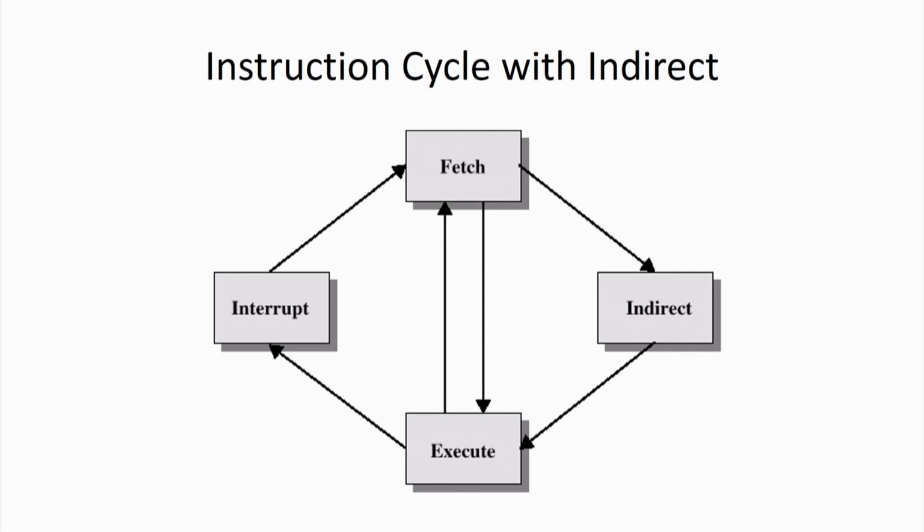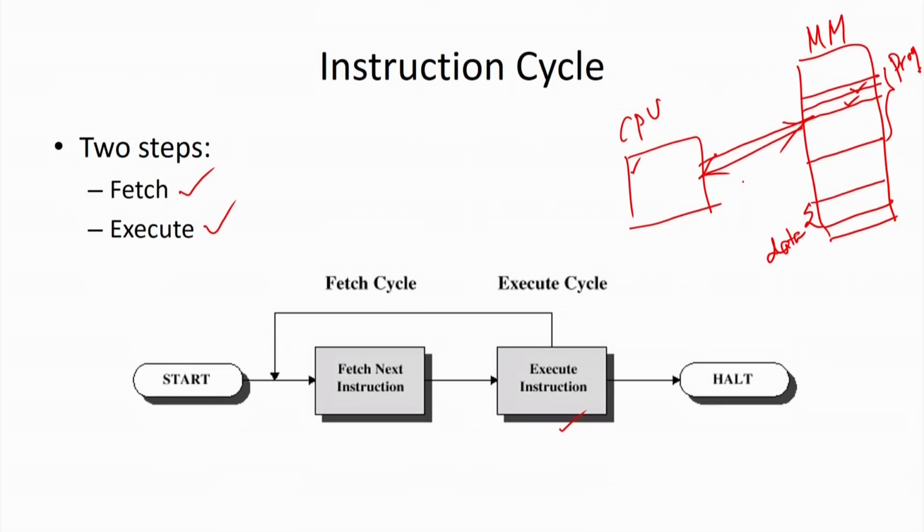Another one we have is the indirect cycle. I have already mentioned that sometimes when I am fetching the instruction, I need the data before execution. For getting the data, I can go through this particular indirect cycle. In this case, I fetch the instruction to the processor.